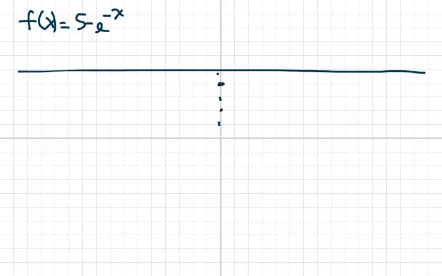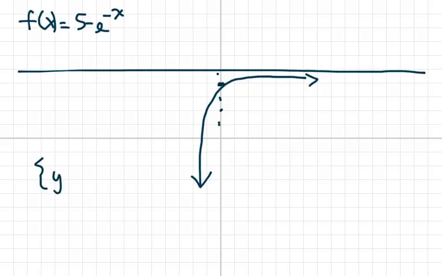And so I'm just going to draw it here. Something like that. I reflected it twice. My domain is all reals, but my range is y where y is less than 5. And my horizontal asymptote is y equals 5.